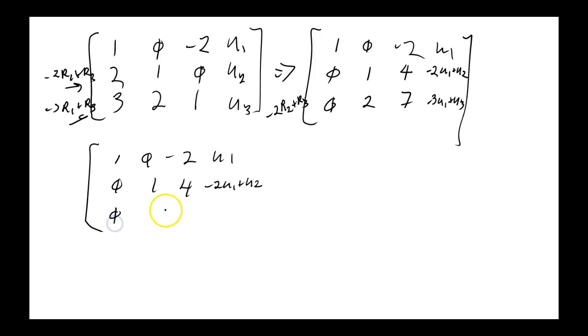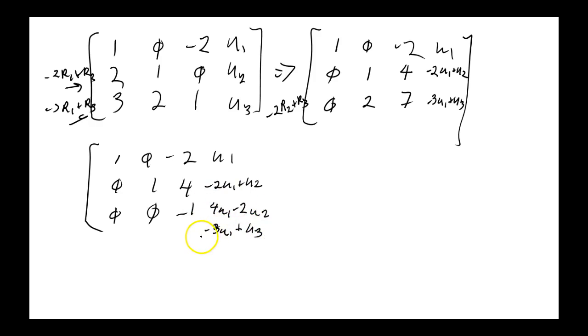And this will be a 0, 0, negative 1. And this will be 4U1 minus 2U2 plus, or minus 3U1 plus U3.